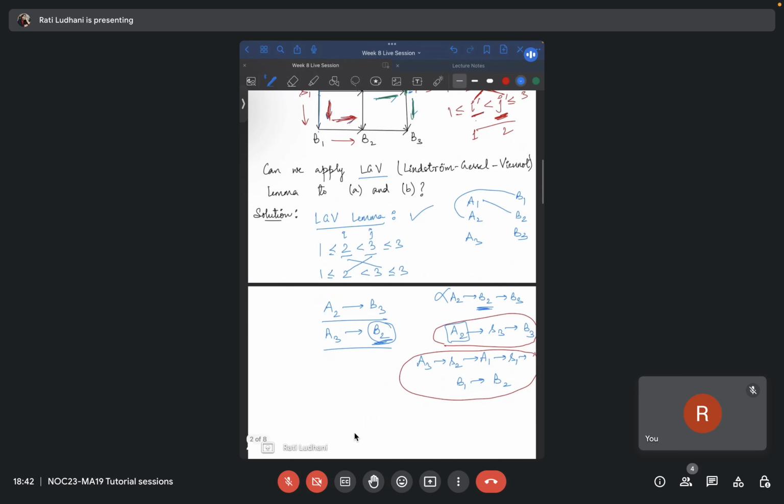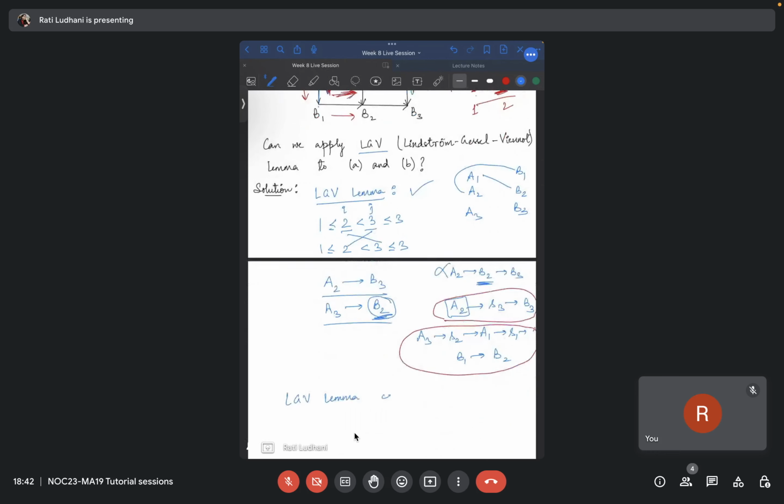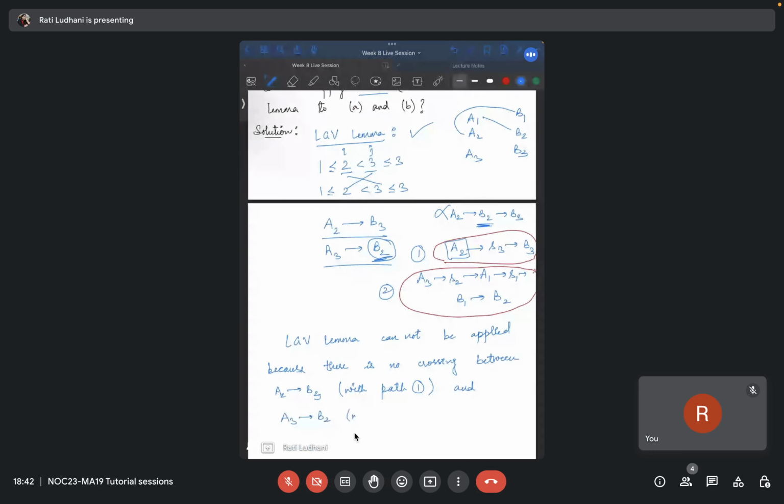LGV lemma cannot be applied because there is no crossing between, let's say, path 1, A2 to B2, B3, and A3 to B2 with path 2.